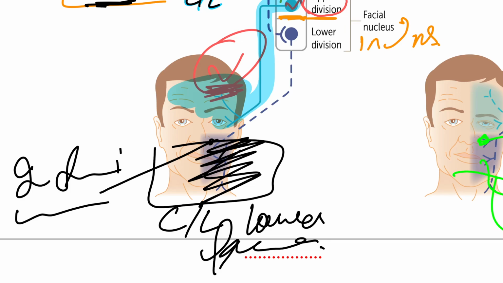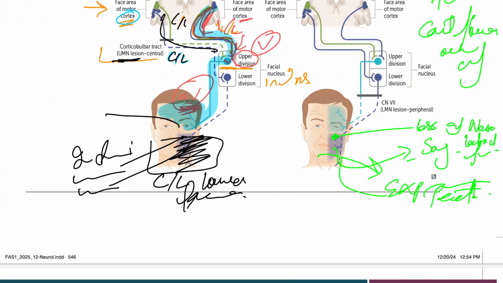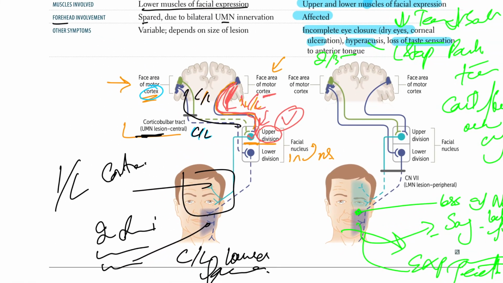And drooping of the lower lip is there, but no problem in your lacrimation, your drooping of the eyelid or anything like that. And hyperacusis and loss of taste and all that will not be seen, because this whole area is supplied by the ipsilateral cortex as well.